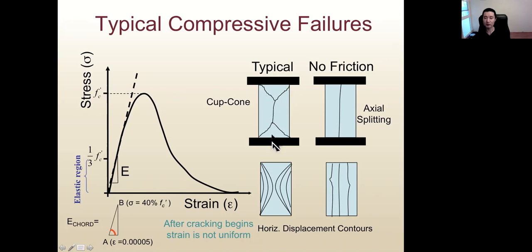That is because in the top and bottom portion we have restraint provided by the friction of the steel plate, so the crack will only be generated here and also here. But if we use Teflon sheets, there is not much friction provided by the top and bottom plates, so the crack pattern will look somewhat like this instead.